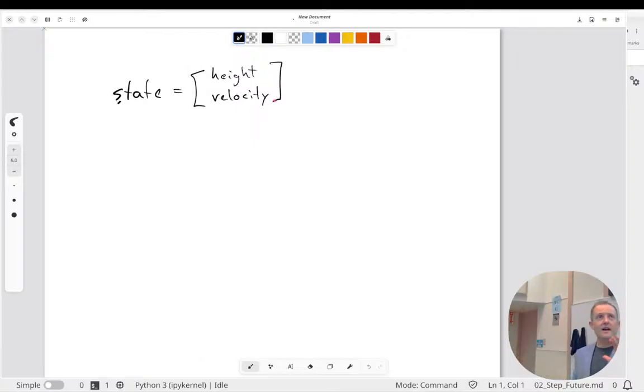So the general setup we're going to use for all these problems is defining all of the things that we're trying to solve for that we don't have an equation for. So state is our height and our velocity of this falling tennis ball.